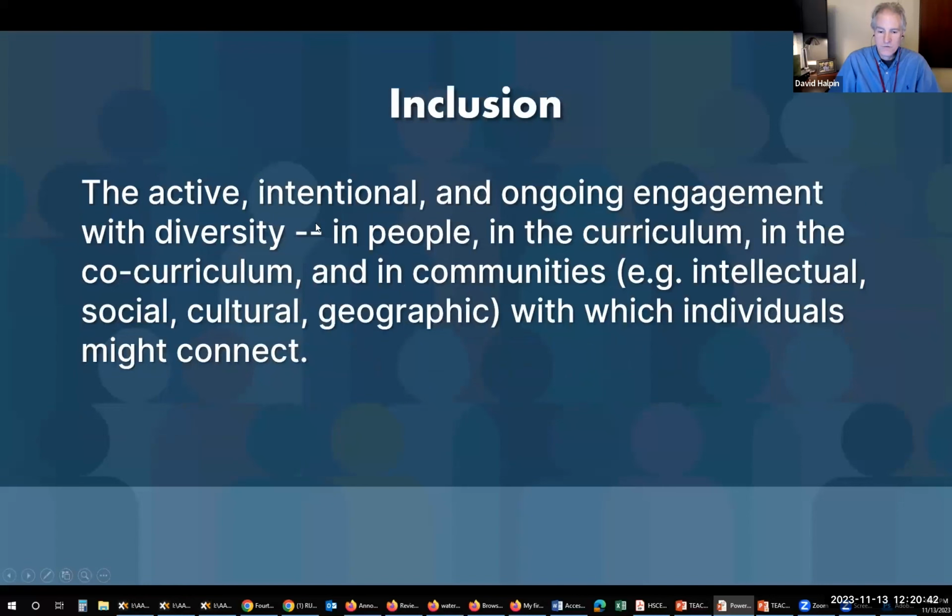And then if we switch over to inclusion, inclusion involves the active, intentional, and ongoing engagement with diversity in people, in the curriculum, in the co-curriculum, and in communities with which individuals might connect. And so it's tied to diversity, but it goes further than diversity.